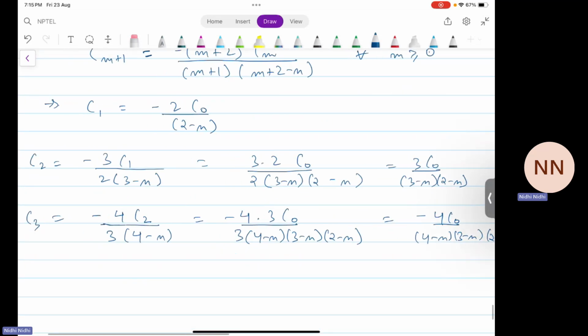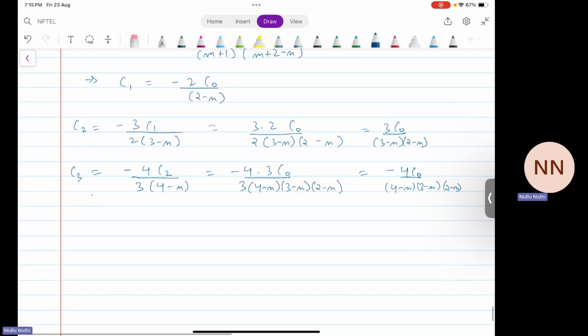So till now you must have got the pattern. So on, we'll get Cm is equal to minus 1 to the power m times C naught. Sorry, this is m plus 1, m plus 1 by m minus n, m minus 1 minus n, and so on up to 2 minus n.